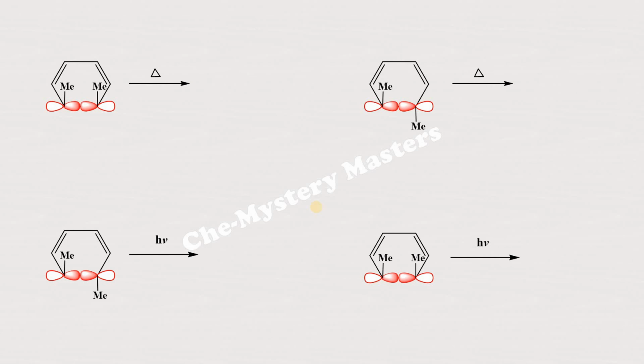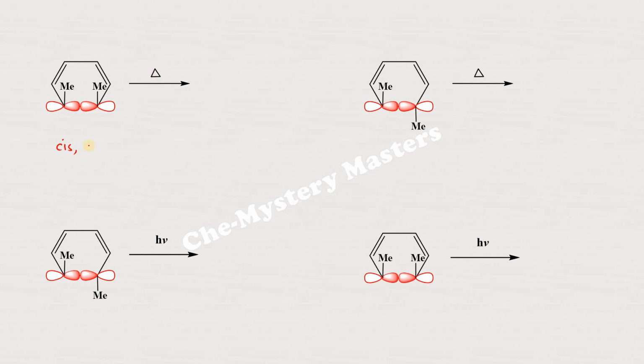That will be discussed according to the conditions, that is the thermal condition and hν condition, in which the ring opening takes place. So firstly we will take the example of thermal condition. Here in thermal condition both of the methyl groups are present on the same side. That's why you can say a cis type of arrangement is there.